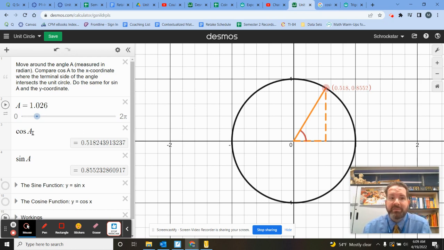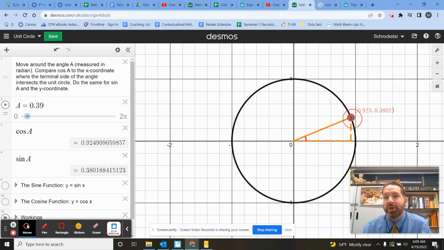Take a look at what the cosine of A is: 0.518. Take a look at what the sine of this angle A is: 0.8552. That's not coincidence. No matter what angle you pick here, the cosine and sine will always be the same as the x and y coordinates of this point on the circle.